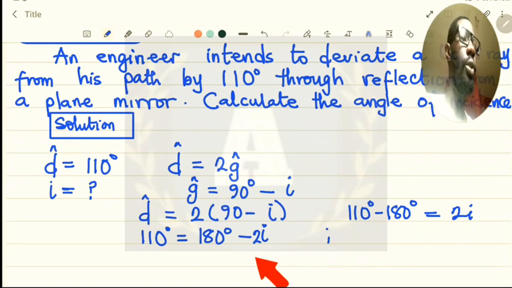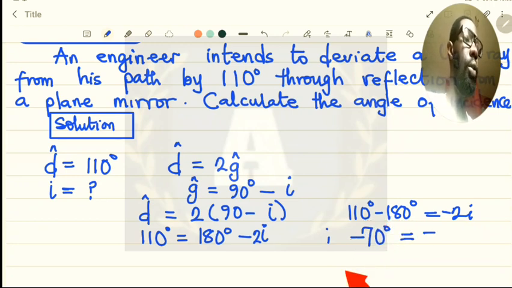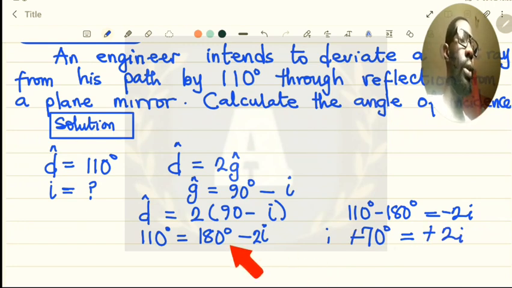So that will be minus 70 degrees equals minus 2I. So this can easily cancel out. Then 70 degrees divided by 2, you have your incidence angle to be 35 degrees as the answer.